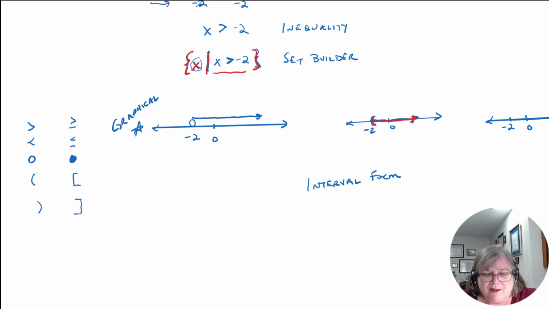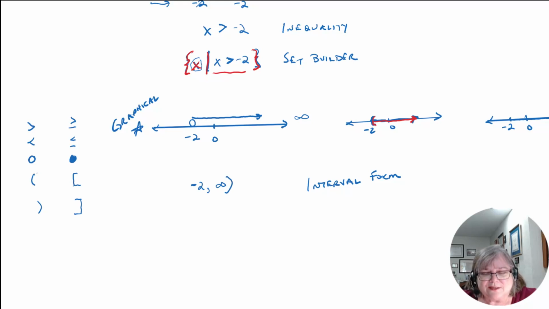All right. So here we go. I want the x's that are from -2. You write left to right. I start at -2, and all the way down here is positive infinity. So I'm going to go from -2 all the way to positive infinity. From your point of view, it's this way.